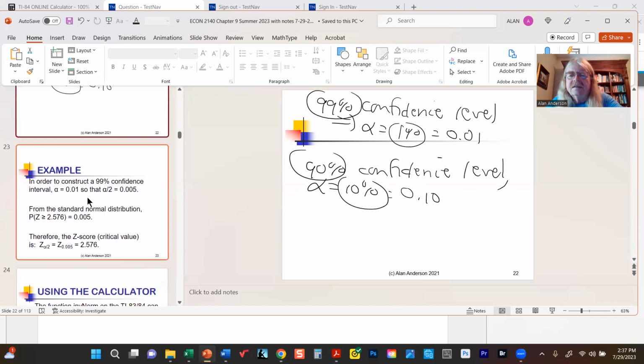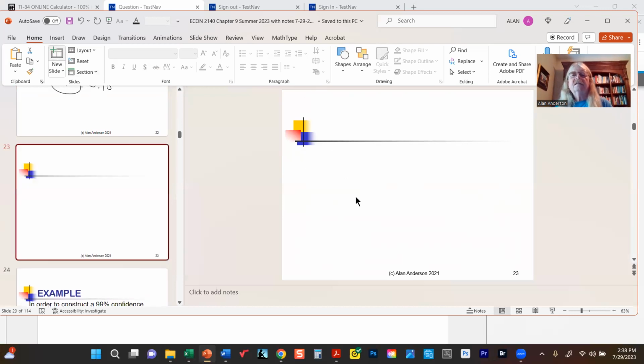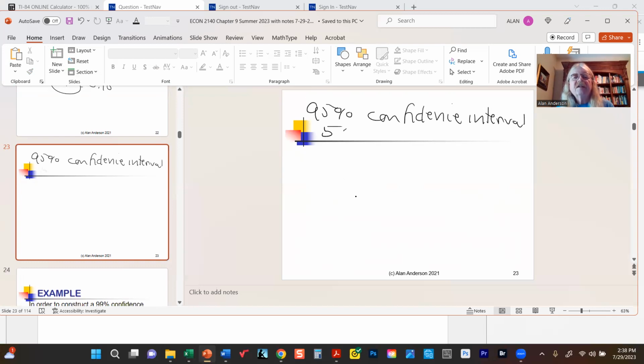So what that means then is this. Let's go back to that graph. Let's say that we're looking to construct a 95% confidence interval. 5% or 0.05 is our alpha. So alpha over 2, of course, is therefore half of that.